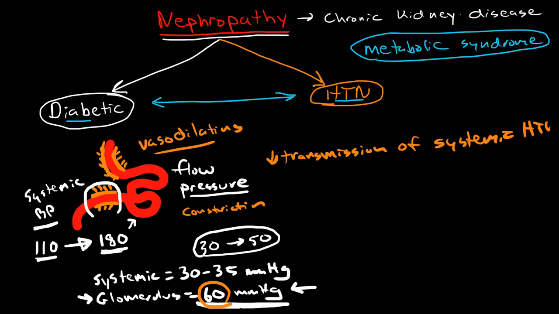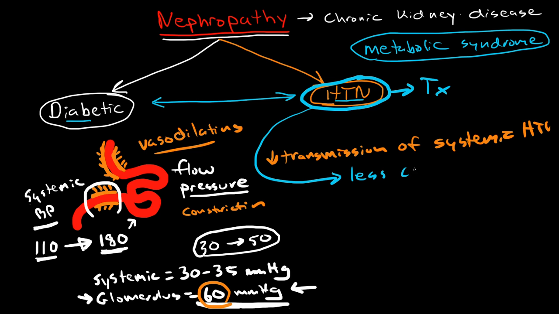So I said that hypertensive nephropathy is one of the most common causes of nephropathy, but it is still relatively rare considering the number of people with hypertension. One of the reasons is because we treat hypertension nowadays, but the development of hypertensive nephropathy is much less common than other diseases that are caused by hypertension, like coronary artery disease and cerebrovascular disease that can cause strokes.